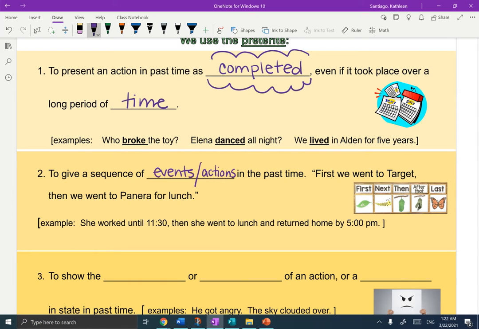She worked until 11:30, then she went to lunch and returned home by 5. You can see there's a sequence of events. When I think about a sequence, I think about first, next, then, after that, and last. This is a butterfly sequence.